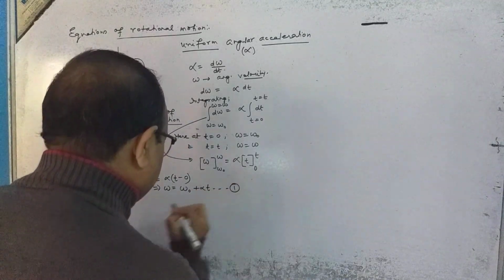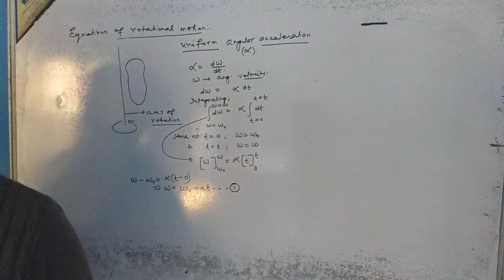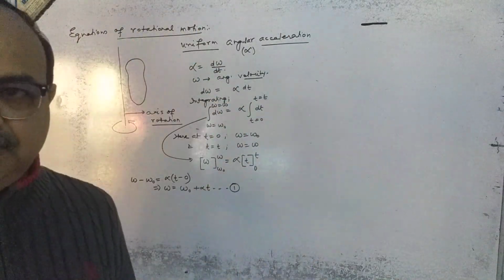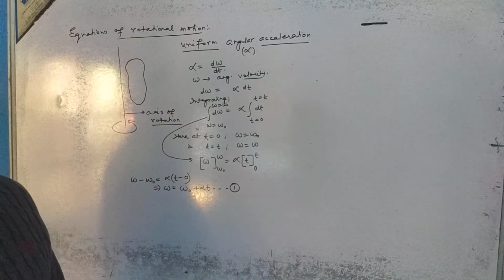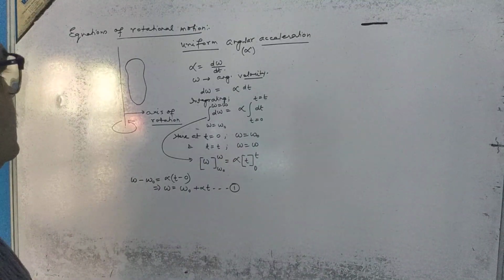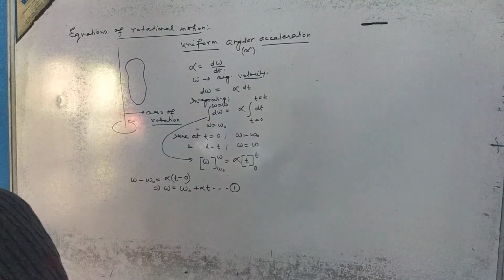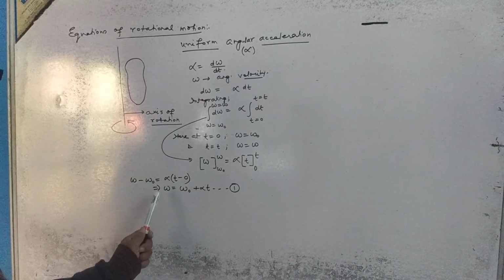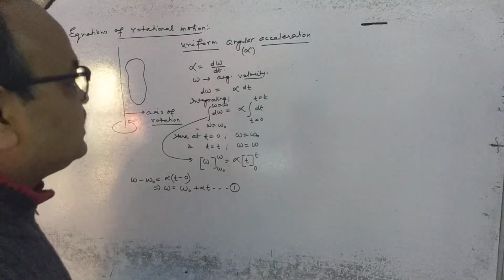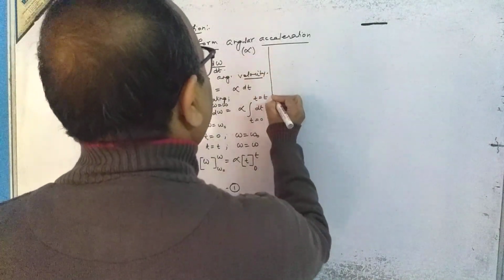I write this as equation 1. It is very much similar to v is equal to u plus at. This is why I am repeatedly telling you it is very much similar to translatory motion. So omega is equal to omega naught plus alpha t. This is the first equation. Let us now move to the next one.